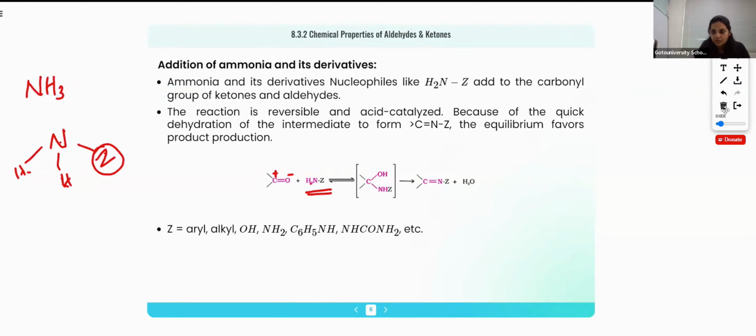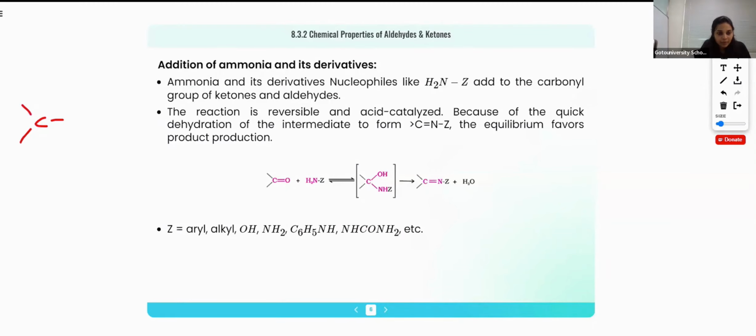It will be like this. See, I will draw here. C double bond O. So this bond is moving like this. This will be positive. This will be negative. So what will you get? C, these bonds are there, and this oxygen is there, and this NH2Z set, right?